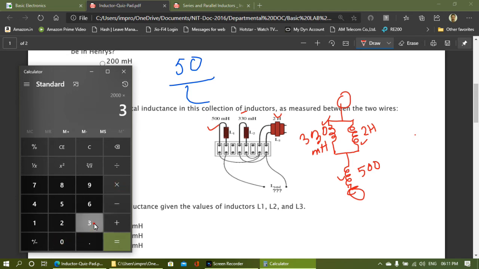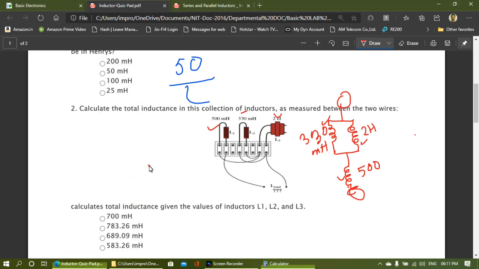into 330 millihenry. This figure will be divided by 2330 millihenry, by this formula: L1 into L2 by L1 plus L2.